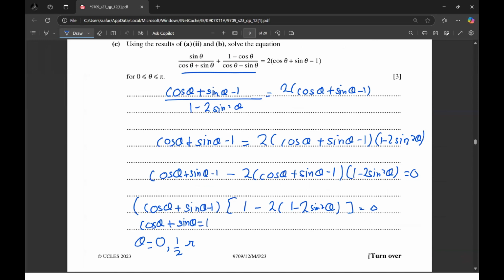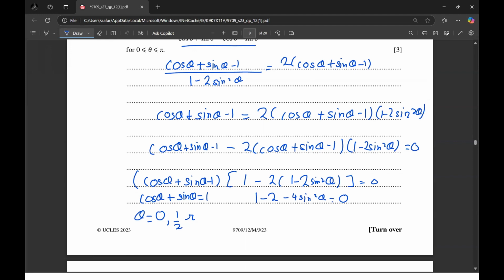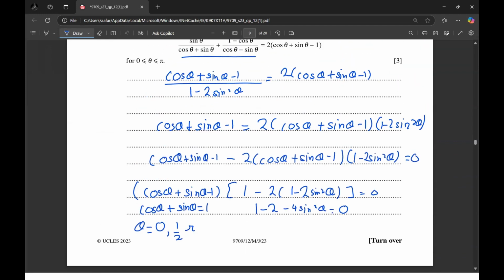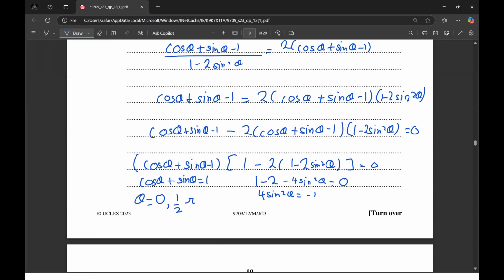And for the other, we can simplify 1 minus 2 minus 4 sin square theta to 0. So we get 4 sin square theta, 1 minus 2 is minus 1, and this will not work since it's a negative.